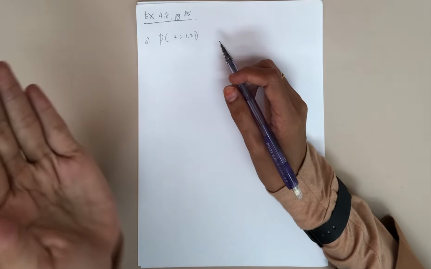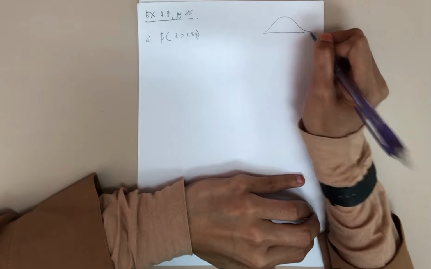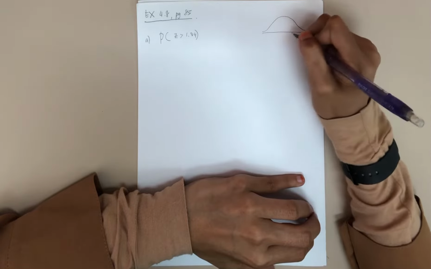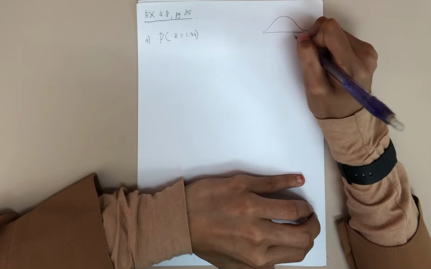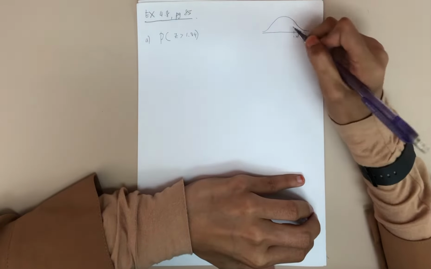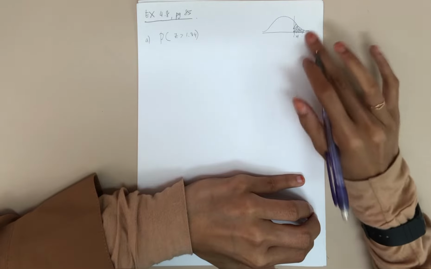You just imagine like this: you have a bell shape. So this is the standard normal, and then assume that the figure 1.84 is somewhere here. So it means this area to the right. We want to find this area.